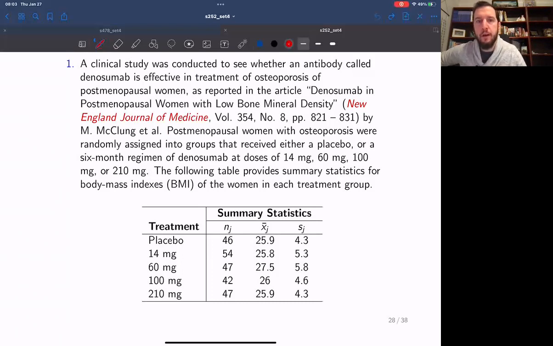Postmenopausal women with osteoporosis were randomly assigned into groups that received either a placebo or a 6-month regimen of the drug at 14 milligrams, 60 milligrams, 100 milligrams, or 210 milligrams. The following table provides the summary statistics for the women in each treatment group. Then we have a variety of questions that we are interested in answering based off of this information.